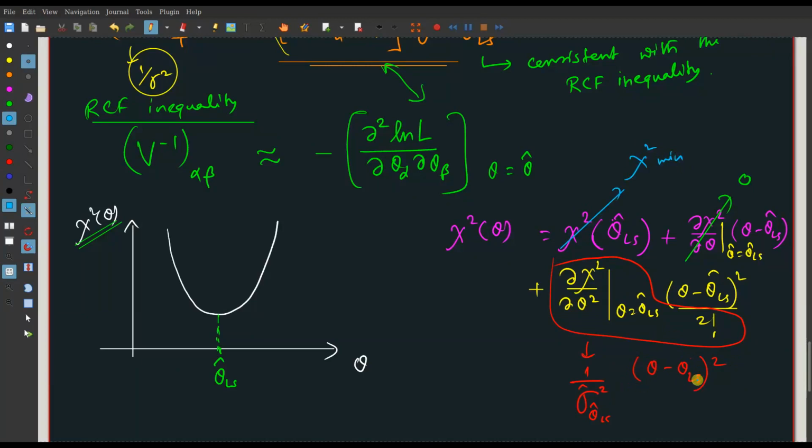The second term, so in the neighborhood of the least square estimate for theta, the chi-square function behaves like this.